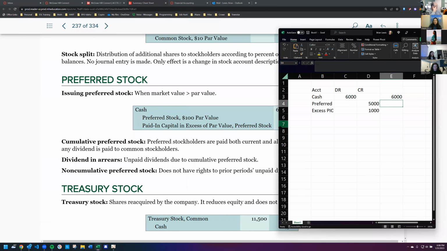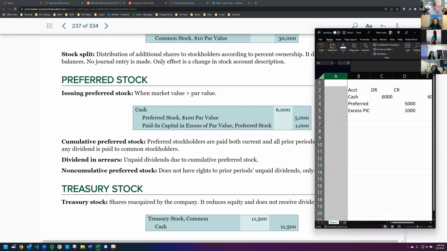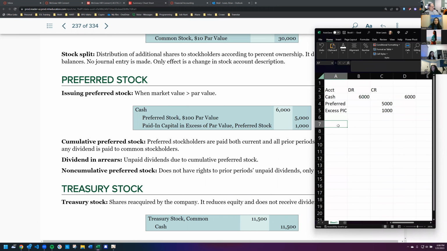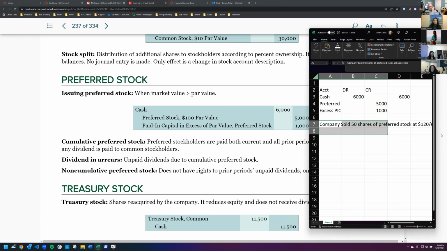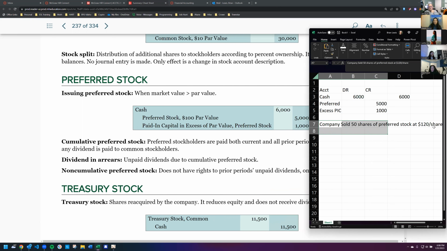So anyway, in this case we see that the company sold 50 shares of preferred stock at $120 per share. You would probably get a question like this: the company sold 50 shares of preferred stock at $120 a share.